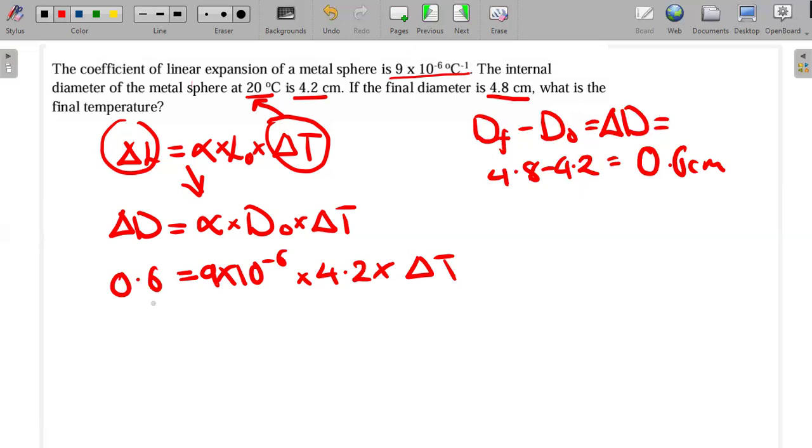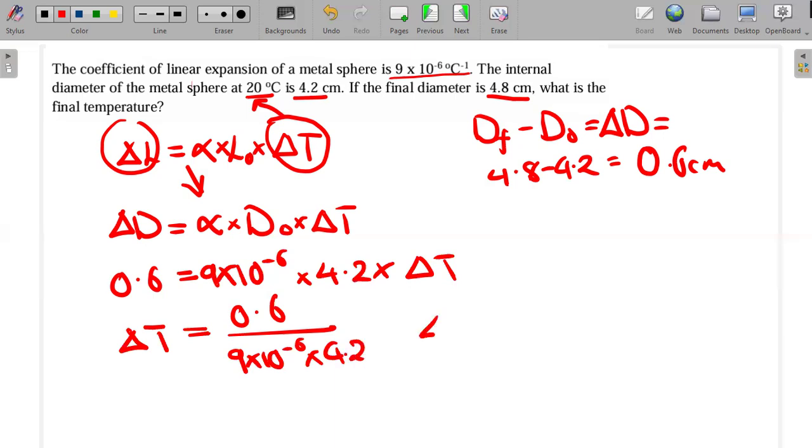So delta T will be equal to 0.6 divided by 9 times 10 to the power minus 6 multiplied by 4.2.